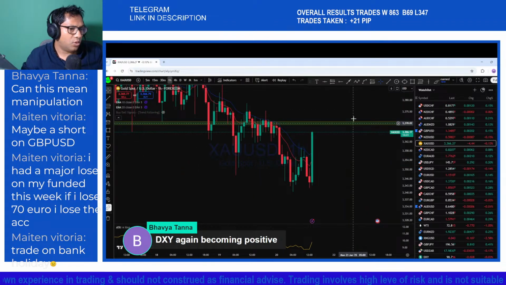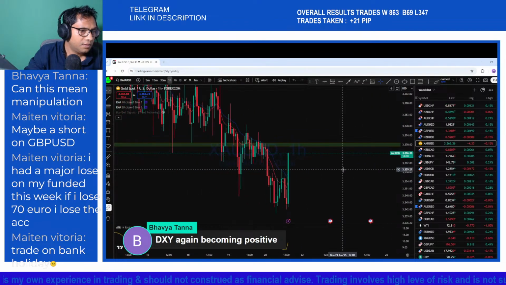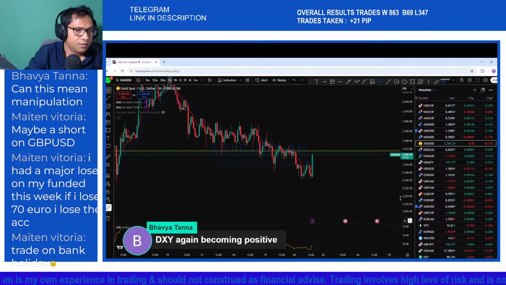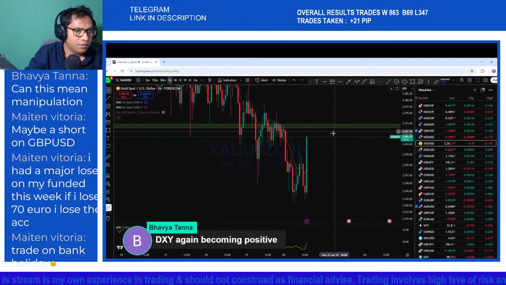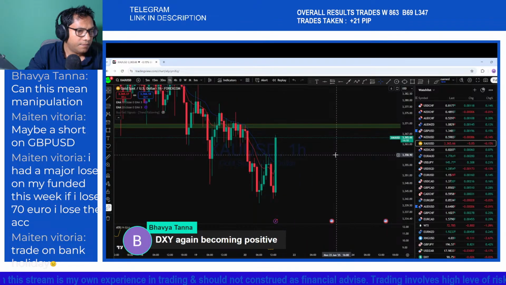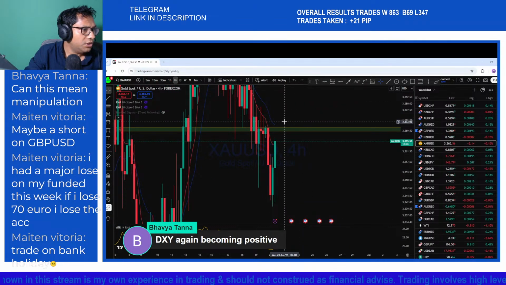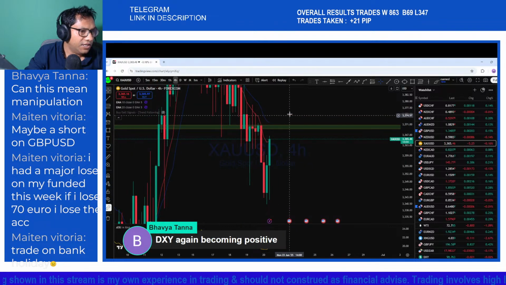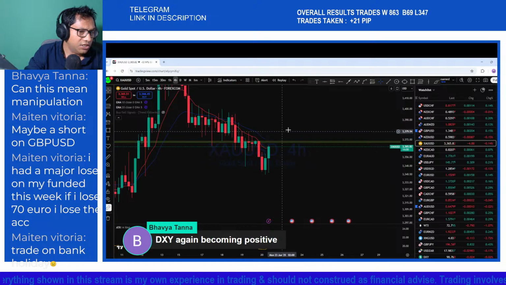Looking at the 1 hour chart, this daily resistance is also aligning with the 4 hour 20 EMA level.